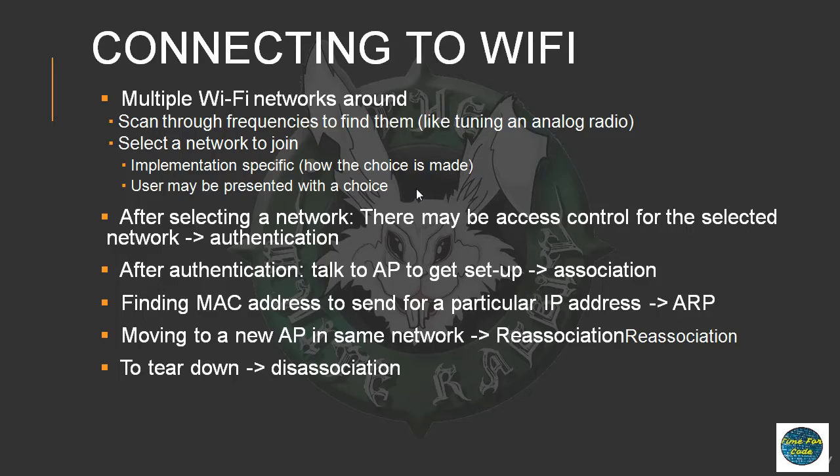Now, just seeing these networks doesn't mean that you can connect to them. So after you select a network, there might be some access control that might prevent you from connecting to your selected network. That's where authentication is very important, because remember, this is wireless. So the access point is just receiving some signals over the air. It doesn't really know who you are. It's not like a wired network where there's cables connected to certain devices.